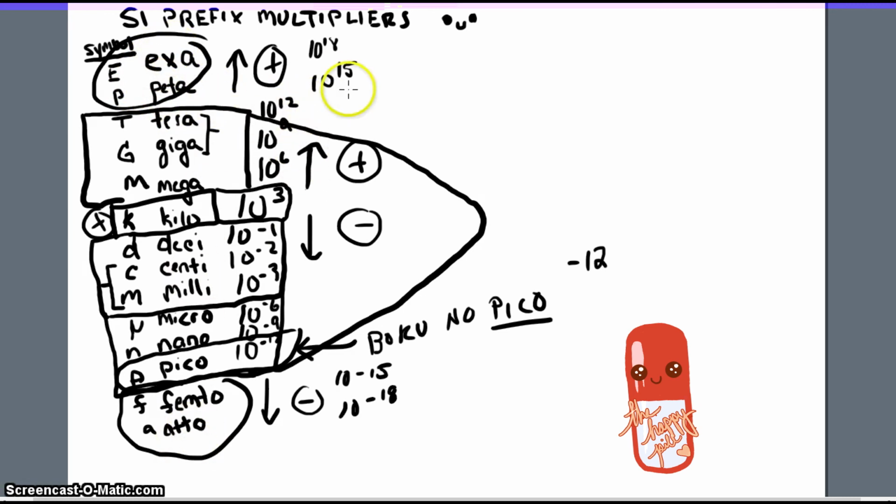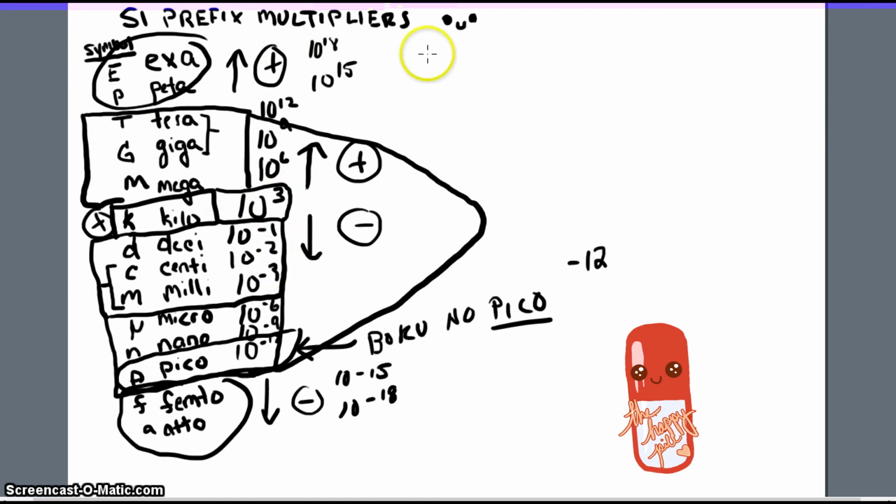But in terms of the exponents and the placeholders, this goes along with all of these. This one increases by 3s and this one decreases by 3s. Deci, centi, and milli are the only exception to that. So 3, 6, 9, 12, 15, 18. And then negative 3, negative 6, negative 9, negative 12, negative 15, negative 18.